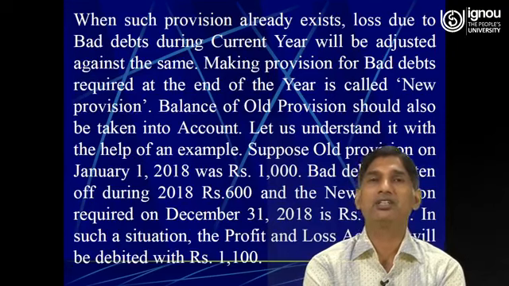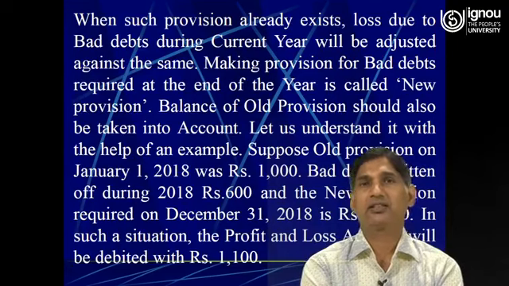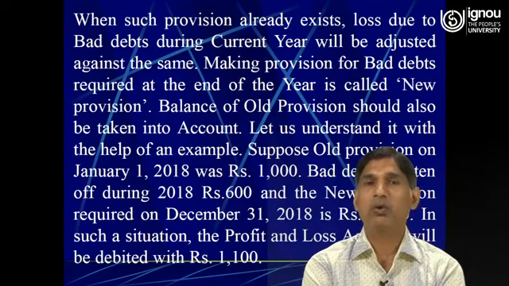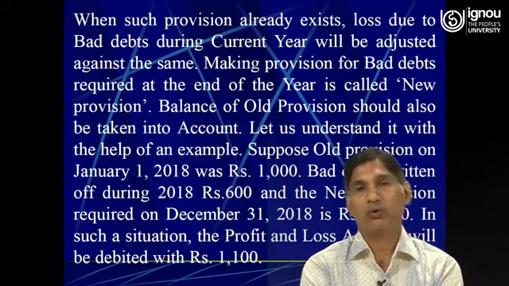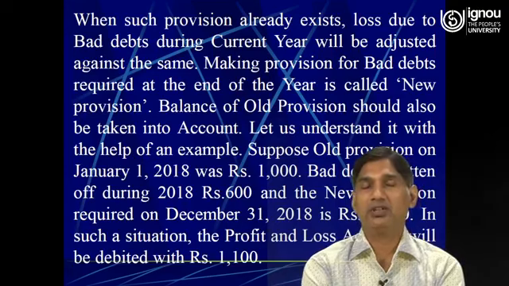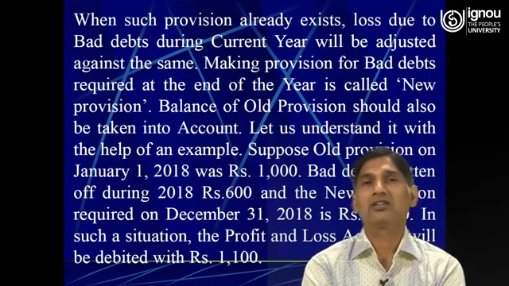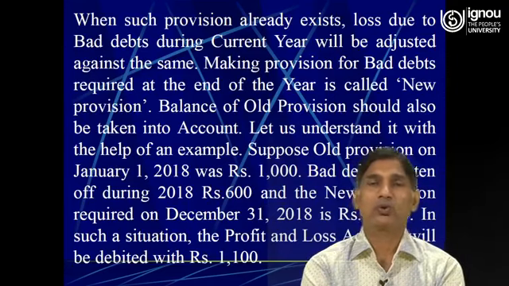The equation is bad debts plus further bad debts plus new provision minus old provision. So the net result of this equation will be charged to the profit and loss account.